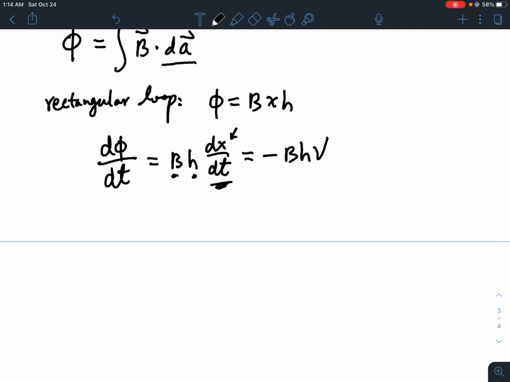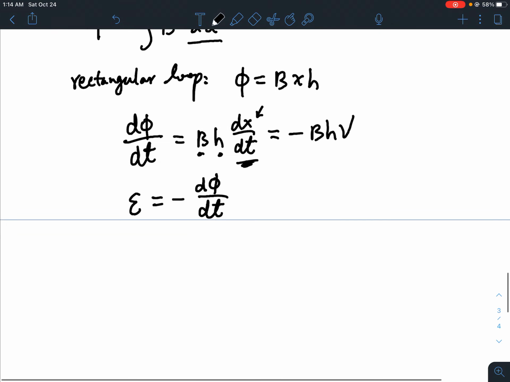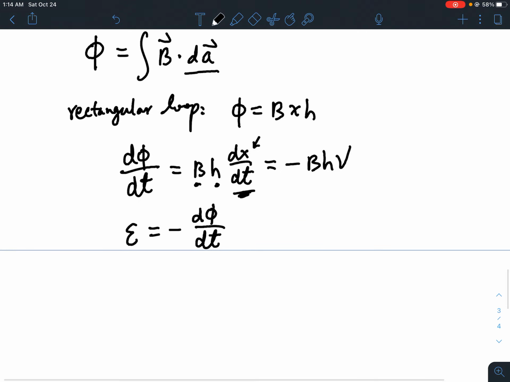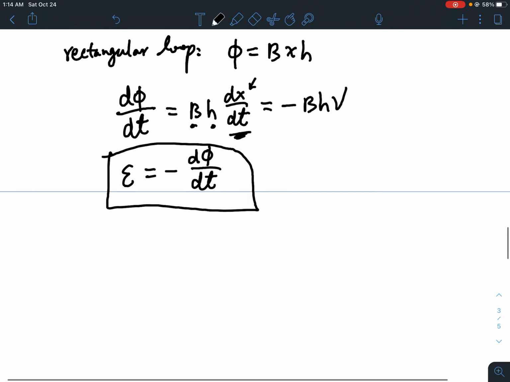From here you can see that the EMF is really equal to minus d phi over dt, because epsilon is v B h, and here we have minus v B h. So in other words, this EMF is really equal to minus d phi over dt.